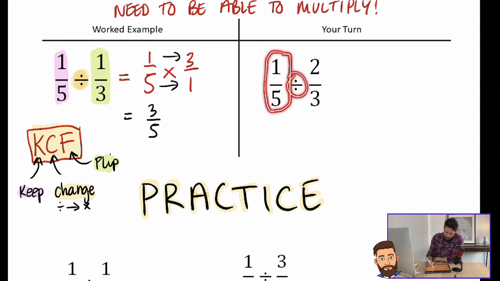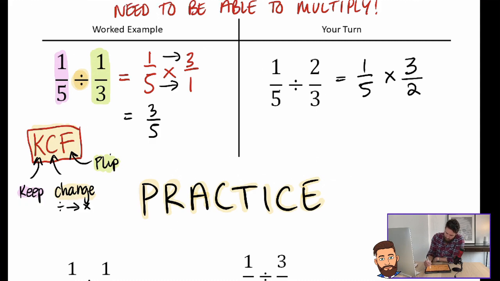Keep, change, flip. So we're going to keep the first one, change the divide to times and flip the last one. Then it is nice and easy. Because multiplying is the easiest thing to do with fractions, you just times across. 1 times 3 is 3, 5 times 2 is 10, and we're done.